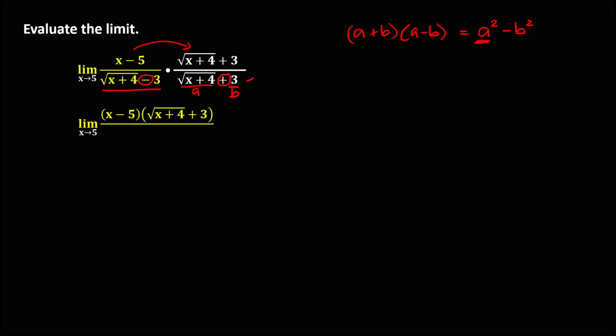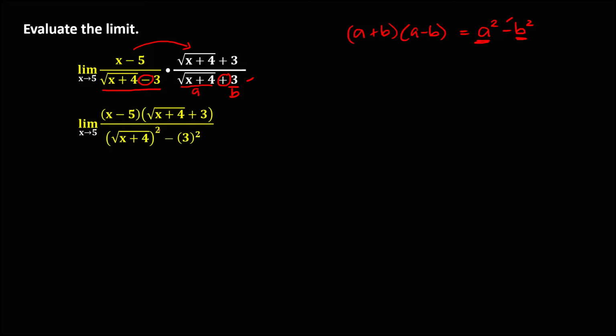So we have a squared, that's the square root of x plus 4 quantity to the power 2, then minus b squared, and b is 3, so we have 3 squared.